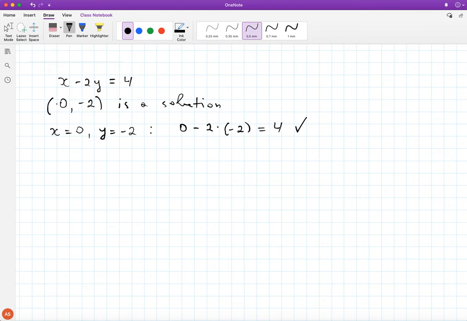In the pair of numbers that we're looking at, the first number is the value of x and the second number is the value of y. On the other hand, if we look at the pair 0, 3, this pair is not a solution.